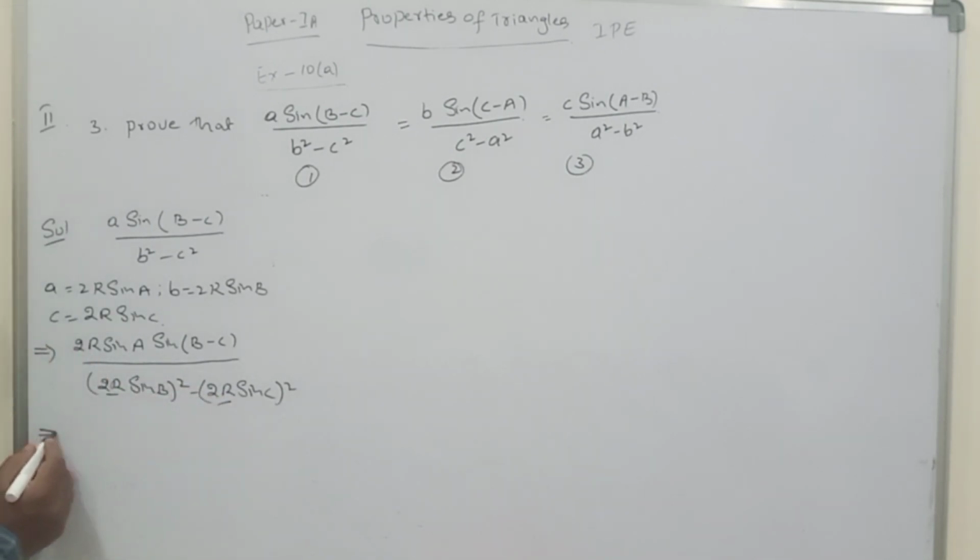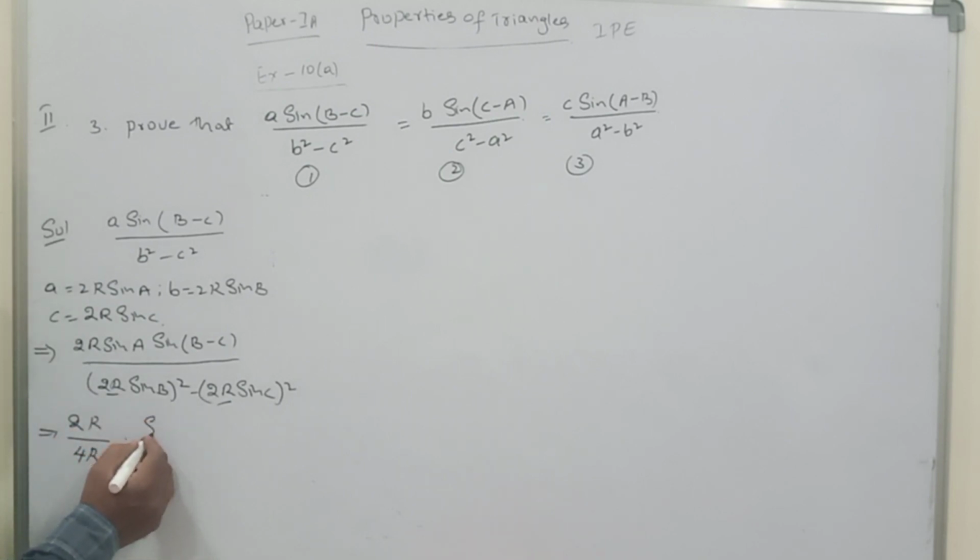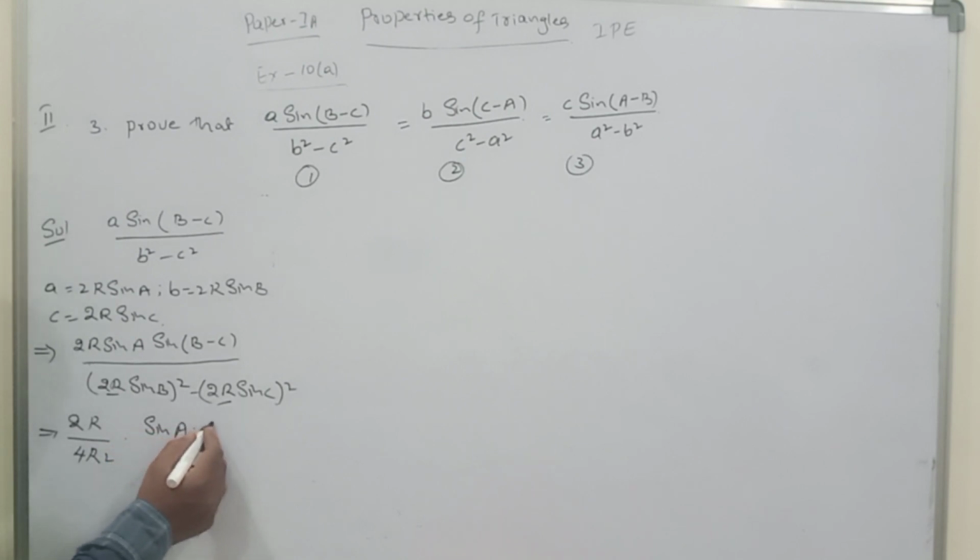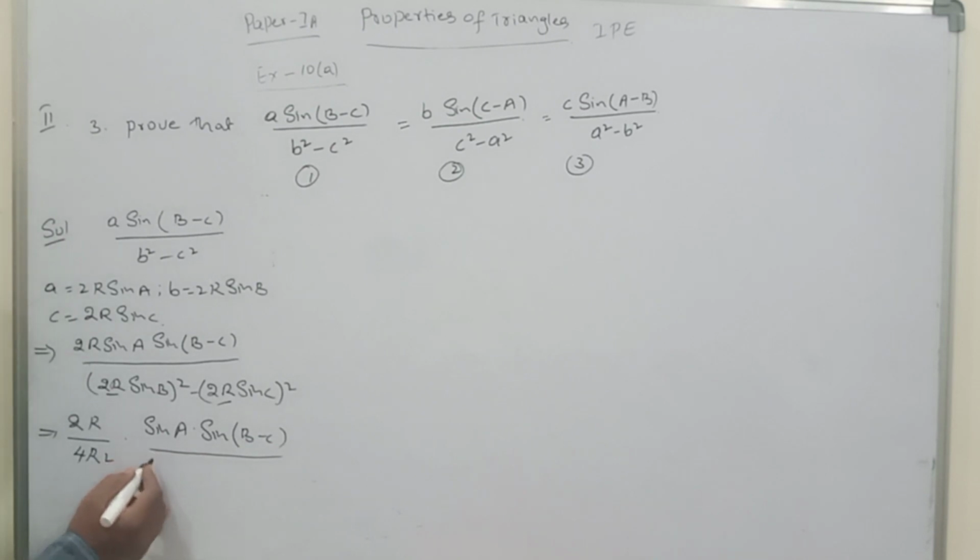Numerator is 2r, so 2r by denominator 4r square. From numerator: sine A into sine of (B minus C) by sine square B minus sine square C is there. Here 2 to the 4r cancelled.